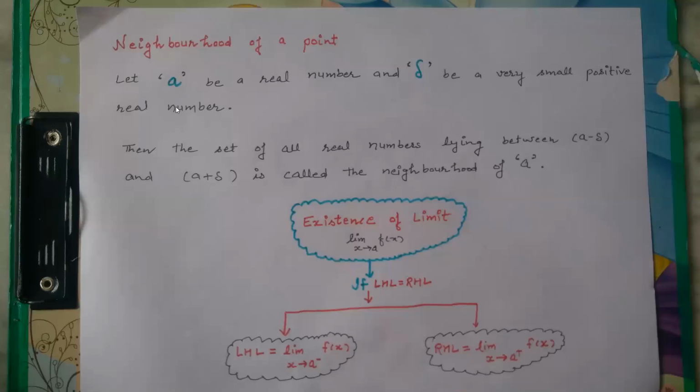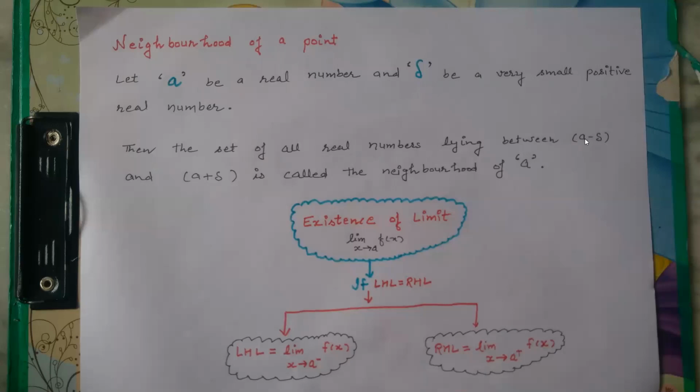My dear friends, now we are going to discuss the neighborhood of a point. What is the neighborhood of a point? Let a be any point. This is a real number, and one more number delta is supposed here. Suppose this delta is a very small positive real number. Then consider the set of all real numbers lying between a minus delta and a plus delta.